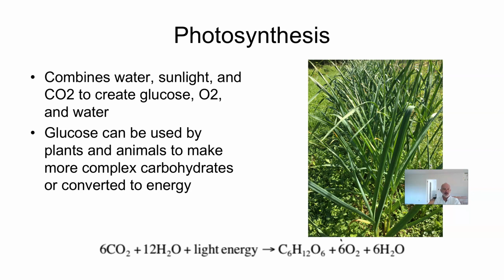Just know it's carbon dioxide plus water plus light energy gives us a carbohydrate or sugar, glucose, and oxygen and water. It's interesting to note that it takes in more water than it gives off. There are 12 H2O that come in and 6 that go out, but the water has to be present, even though there's a net loss at the end.